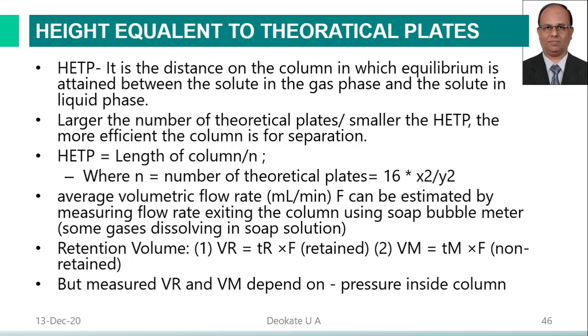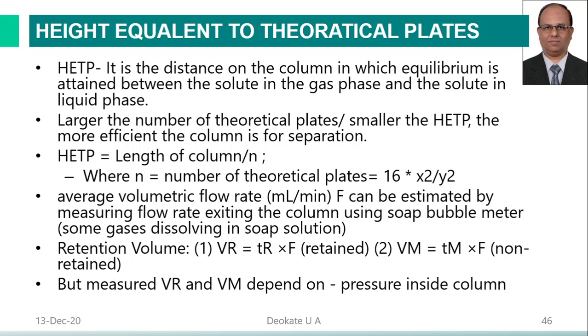The average volumetric flow rate F, in ml per minute, can be estimated by measuring the flow rate at the column exit using a soap bubble meter. Some gases dissolve in soap, so you have to take care which soap solution you are using. Generally, we measure the retention volume of the first component and the second component.